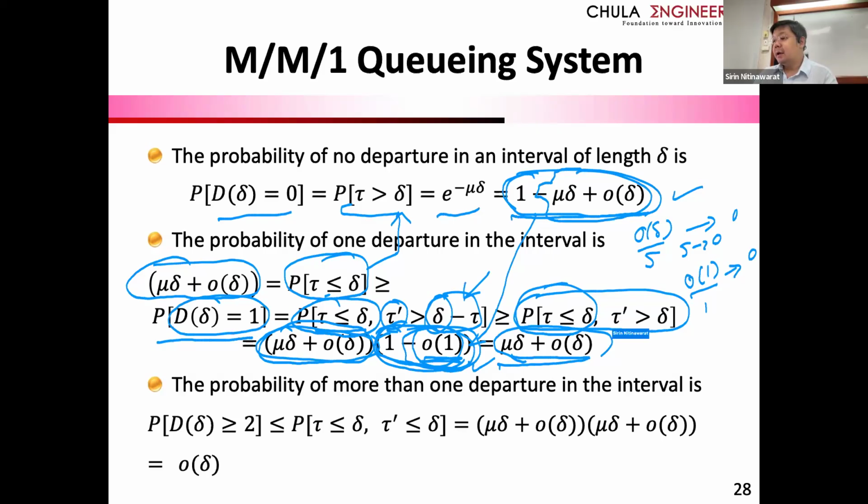Here is a product of two terms. The first term is linear in delta. The second term is sublinear, because it's linear times something going to 0. This one is also sublinear, and the last one is also sublinear.